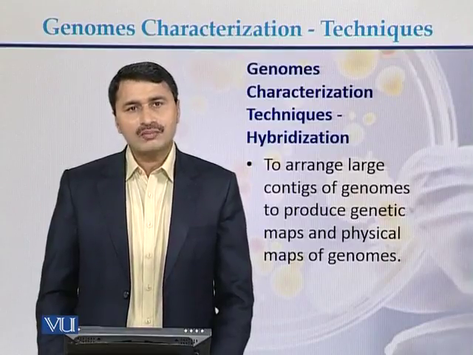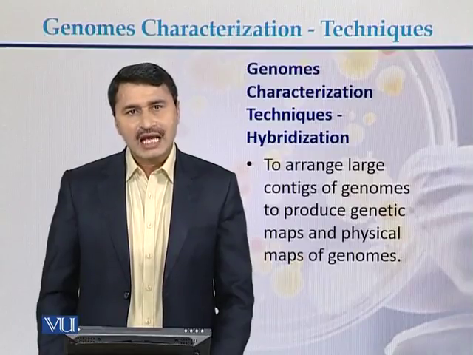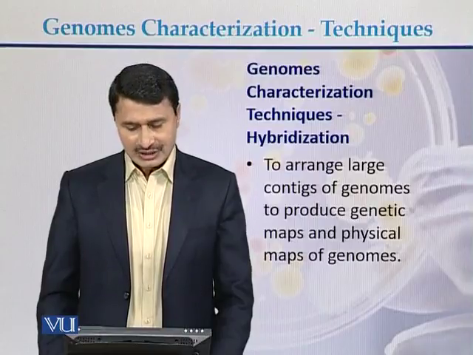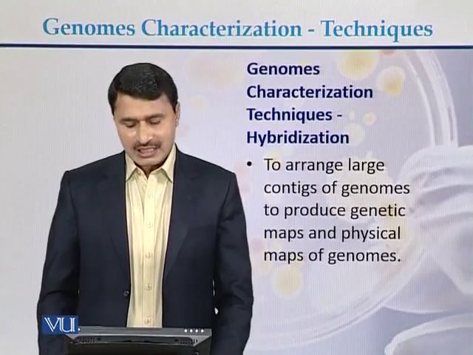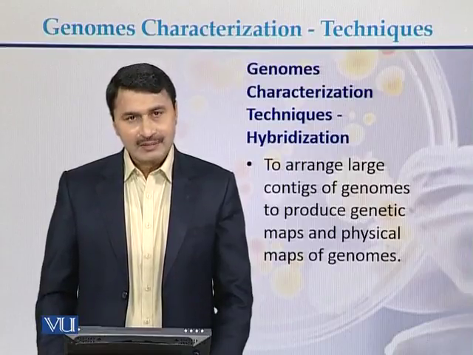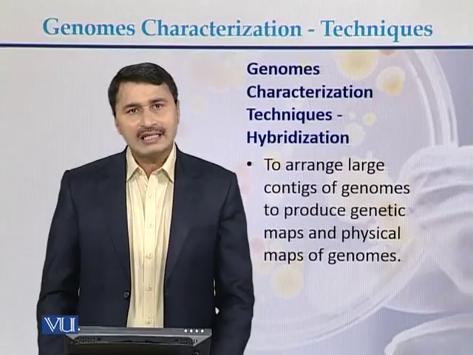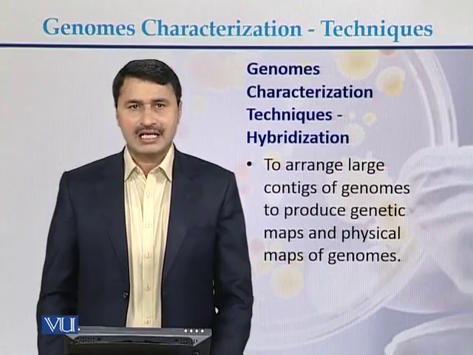Then those BACs and YACs were arranged with the help of a technique called hybridization. So to arrange large contigs of genomes to produce the genetic map and physical map, the technique used to align the contigs is called DNA hybridization.